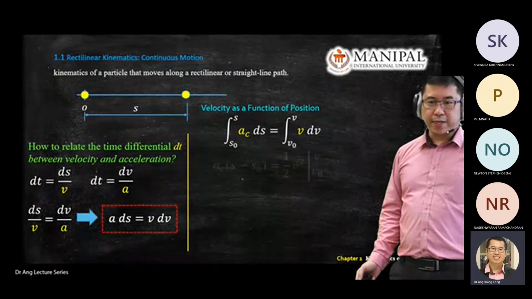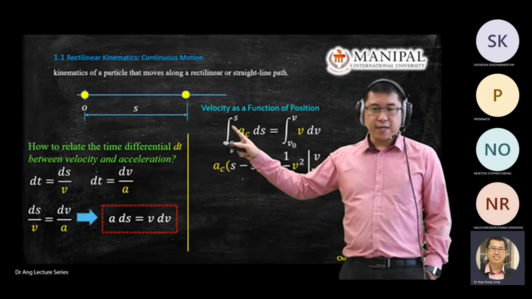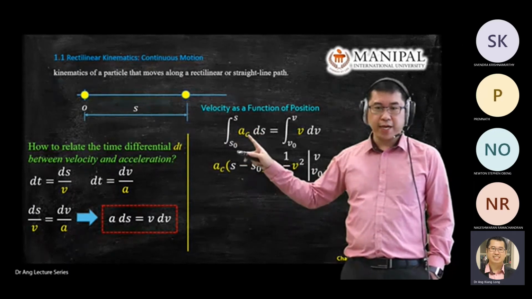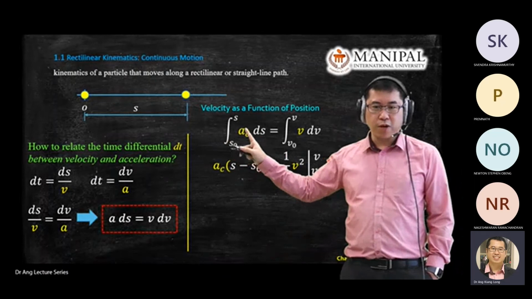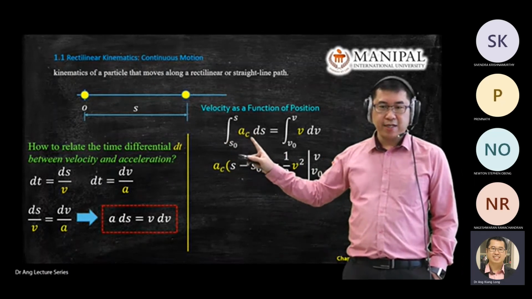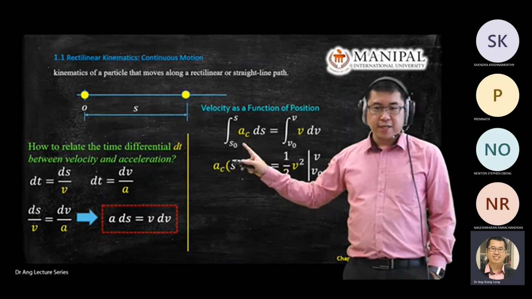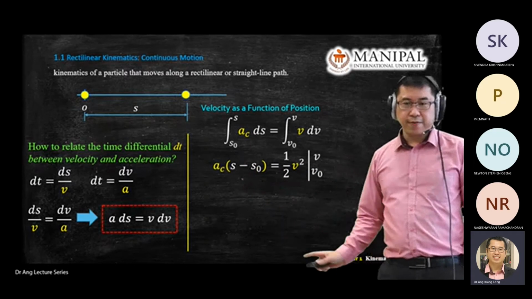When you integrate this one, you will get a inside here. a is the constant value. You pull ac outside there. When you pull outside, there's 1 there, ac times 1 inside there. You integrate the s, you take s minus s0, you get this one.